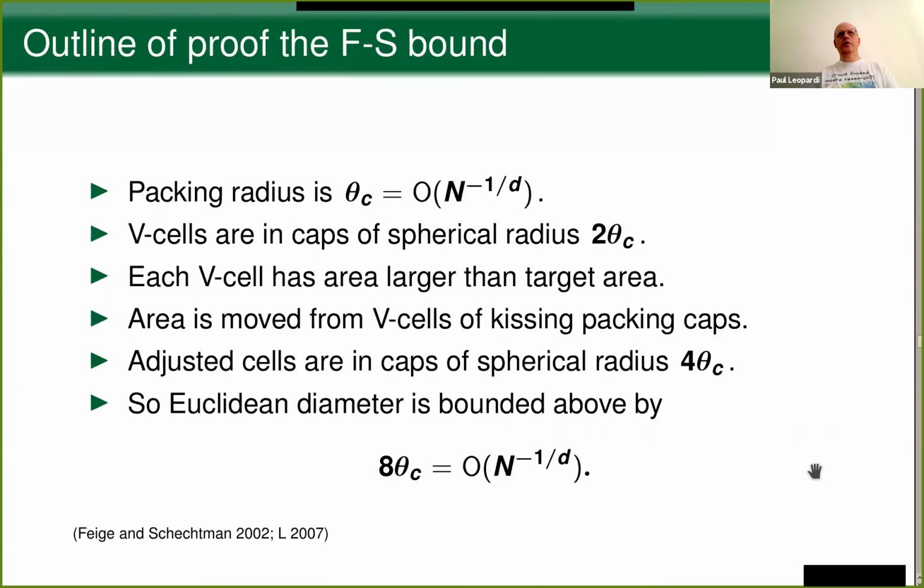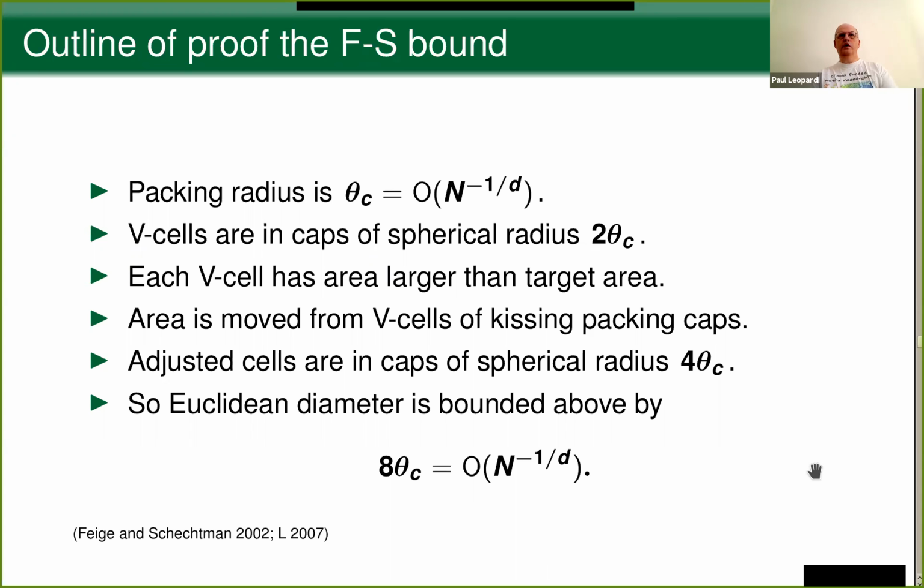So there's a proof outline. The packing radius is of the correct order. The Voronoi cells are in caps of spherical radius twice that packing radius because of either the saturation or the optimality of the packing that you had.